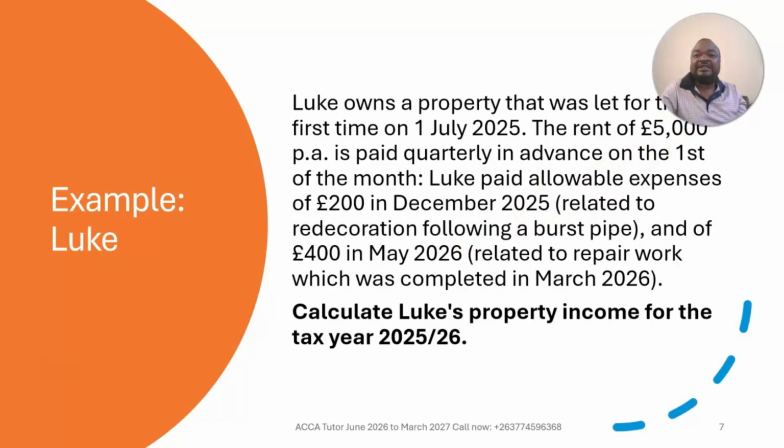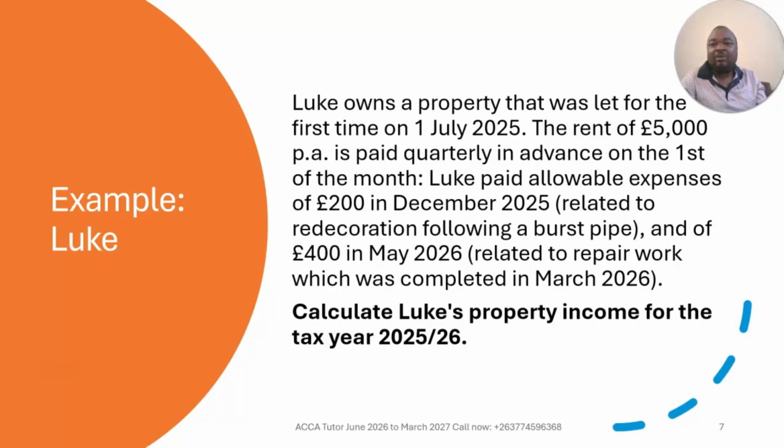Let us look at this example. Luke owns a property that was let for the first time on 1 July 2025. The rent of £5,000 per annum is paid quarterly in advance on the first of the month.